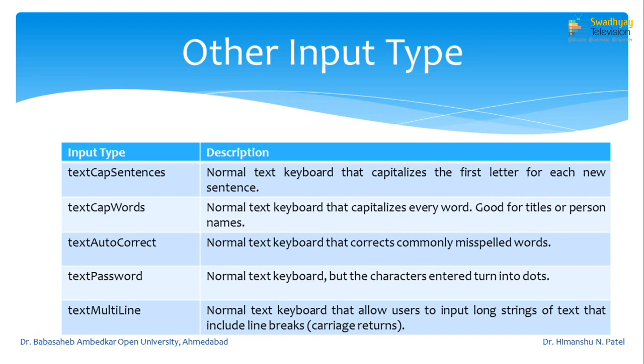Now, what to do when I want to use multiple input types? For example, I want to use the name of a person, but each word should be capitalized. So, I specify the input type as text, and another requirement is that every word should be capitalized.